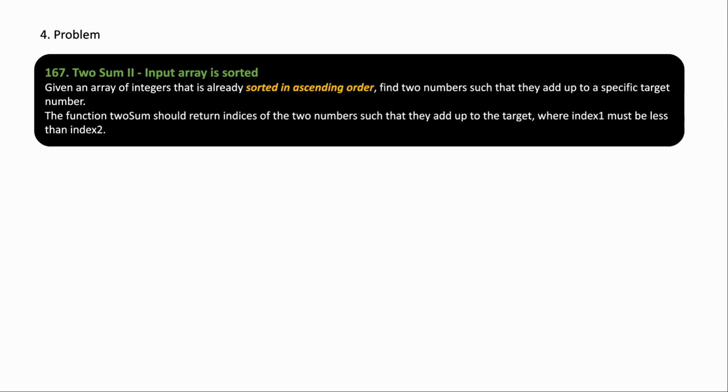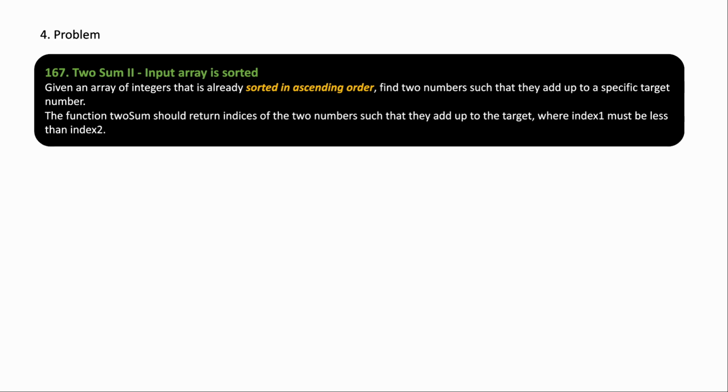What this example says is, given an array of integers that is already sorted in ascending order, find two numbers such that they add up to a specific target number. The function twoSum should return the indices of those two numbers such that they add up to the target, where index1 must be less than index2. So you are given one target number and one sorted array.